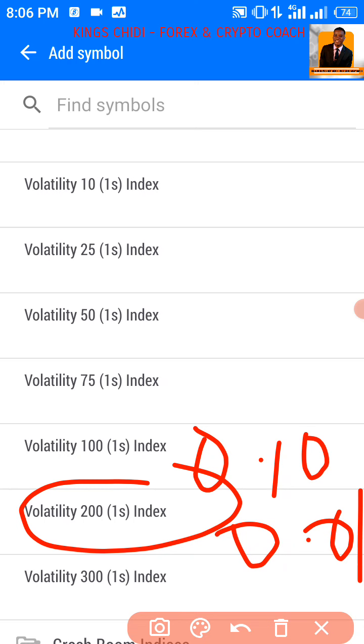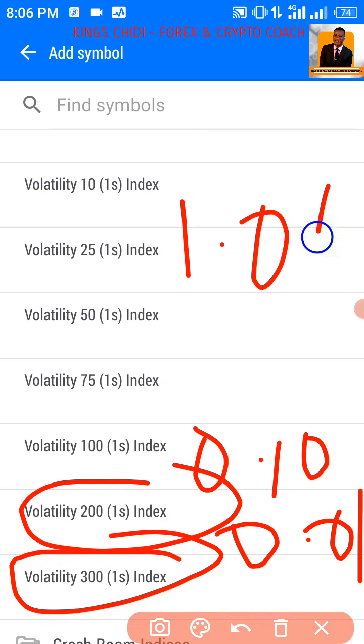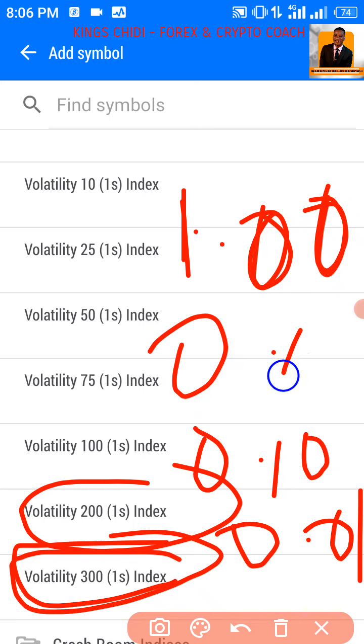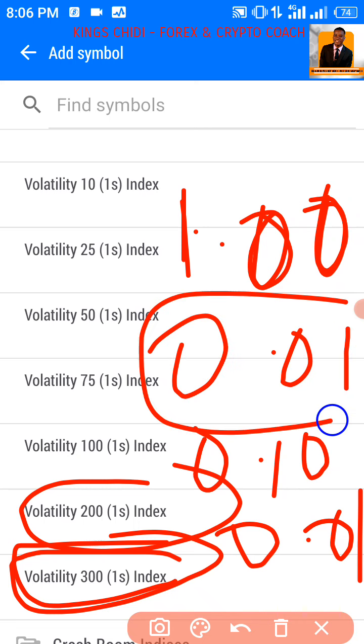And then this one, volatility 301x, the lowest lot size is 1.00. It's not that kind of volatile, but this 1.00 is like 0.01 when you come to forex trading.